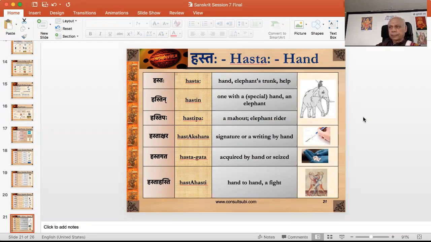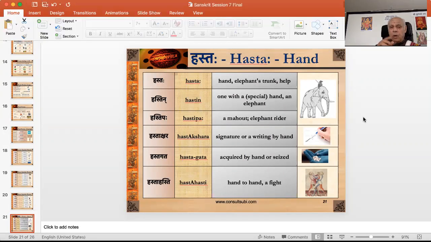Hastin, one who has a special hand. An elephant, hastin, from which I think the word hati comes. It's my own guess. Hastin, one with a special hand, like a trunk, which refers to an elephant. Hastipaha, one who rides on the elephant, a mahut.